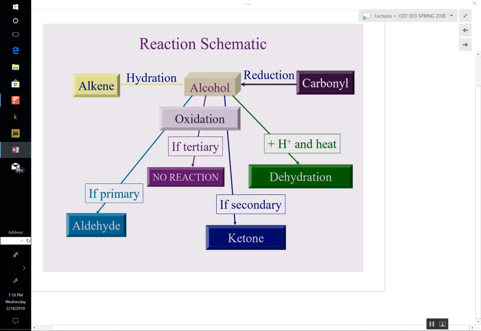There's that other, this is just like the other reaction summary. So we won't worry too much about this one, except that it doesn't have the dehydration to an ether.